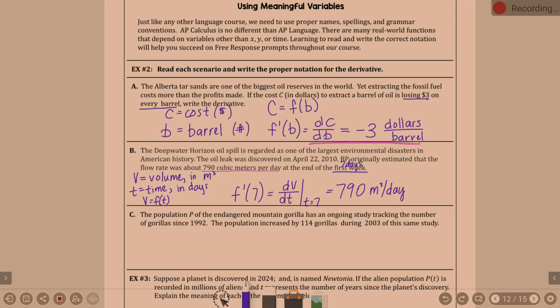Okay. Population P of the endangered mountain gorilla has an ongoing study tracking the number of gorillas since 1992. The population increased by 114 gorillas during 2003 of this same study. Well, they gave us one variable, right?